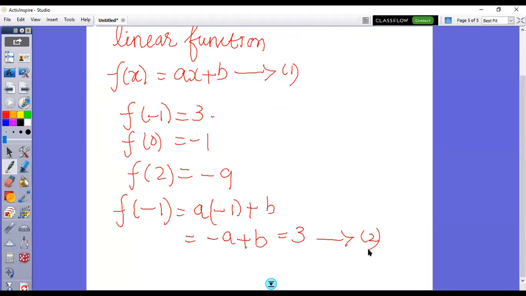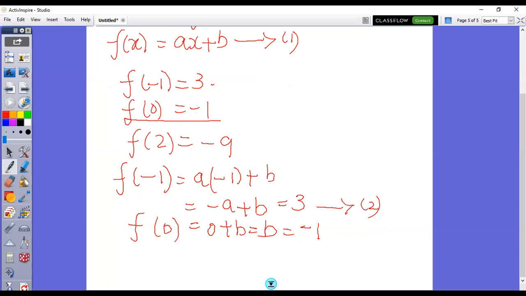Then f of 0 equal to, substitute x value 0: a into 0 plus b equal to b. Already f of 0 equal to minus 1. So b value is minus 1.